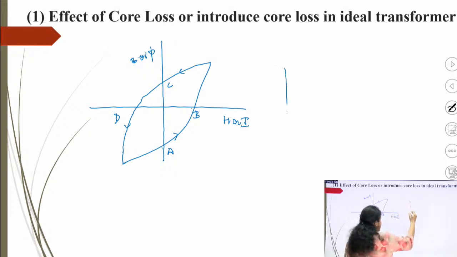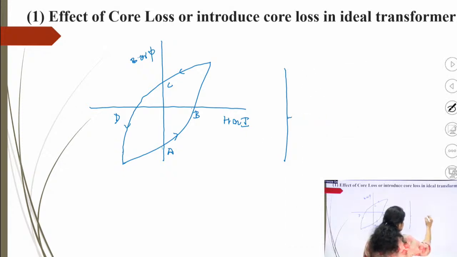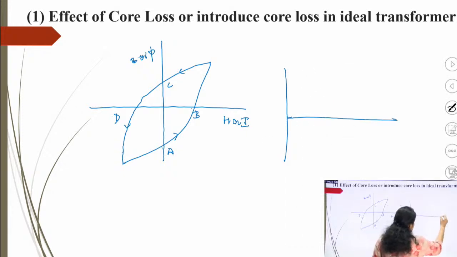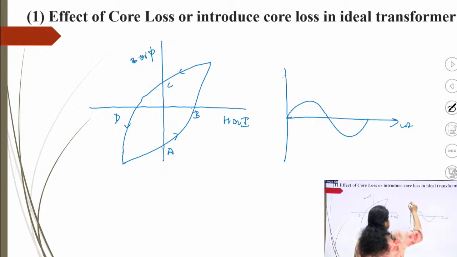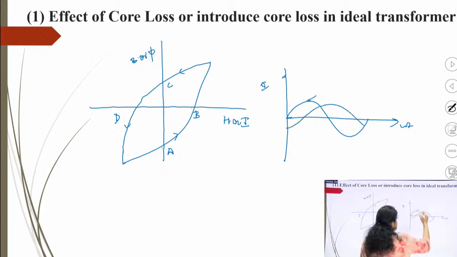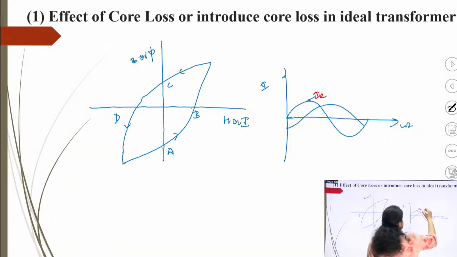If you draw the instantaneous values with respect to omega t, this is the current, the magnetizing current IE, and this is the flux.